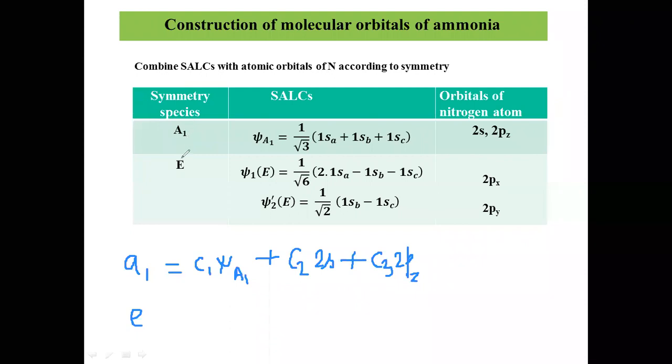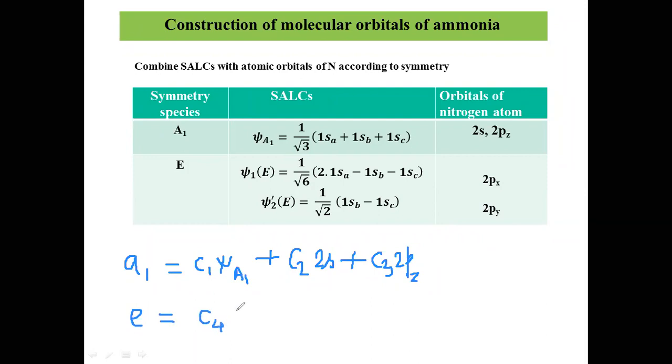These are symmetry species, we write in capitals, and when you go for MO notation, you use the small notation. But that is just a notation, it has nothing special about it. So we have to go for E simultaneously, right? In that case, I'm going to have this one plus this one, and this is going to be, let's say, C4.